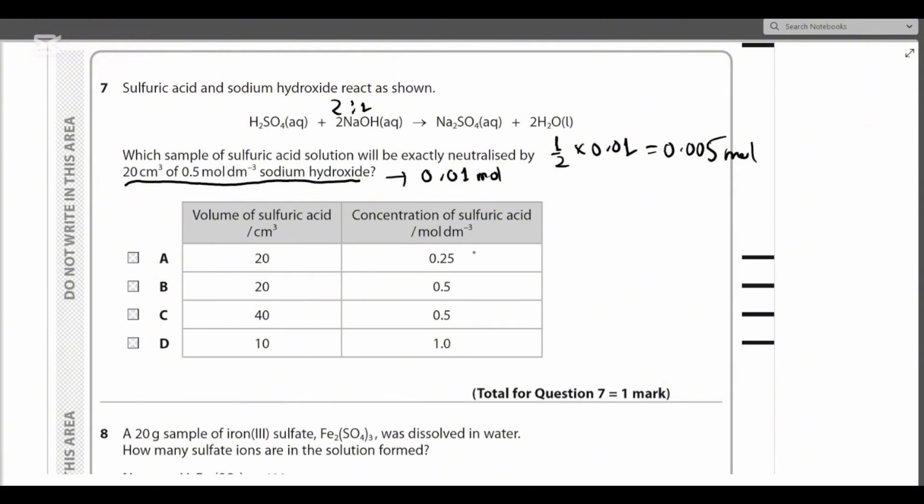Using trial and error, we calculate the moles for each option. One gives 0.005 moles, the others are not possible, and another also does not provide 0.005, so the only option here is A.